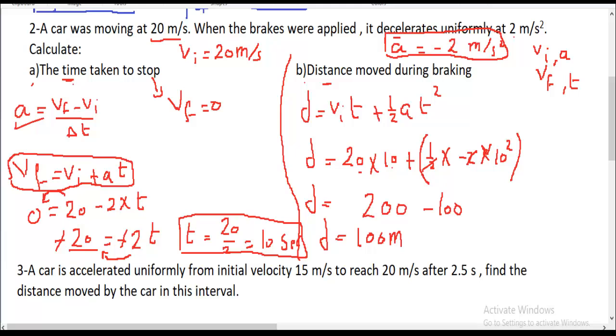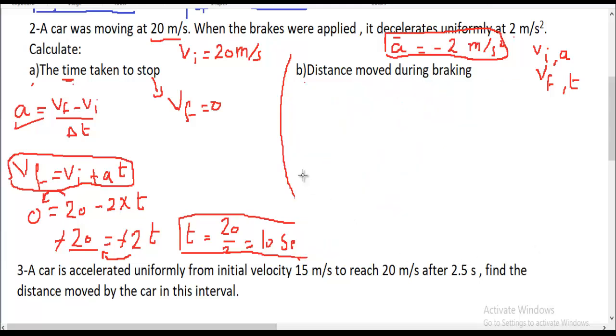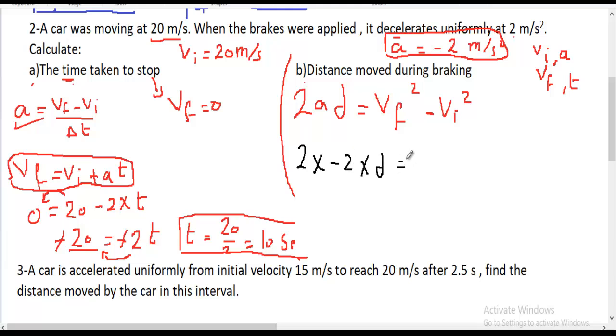Let's solve the same problem with the third equation. The third equation says 2ad equals Vf squared minus Vi squared. 2 times acceleration, which is -2, times displacement, which you want to get.